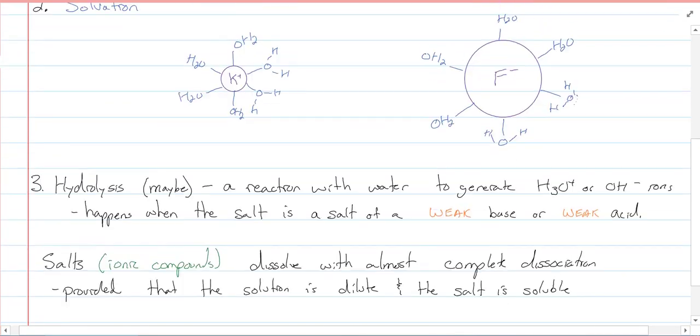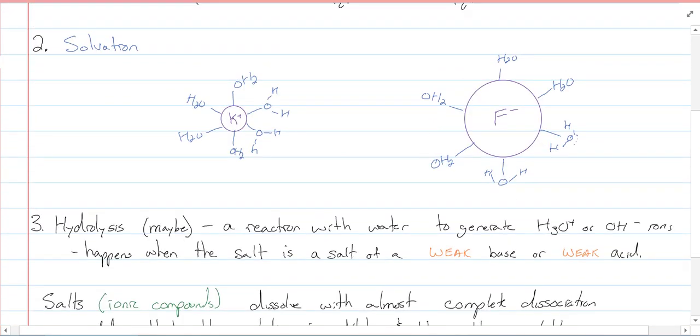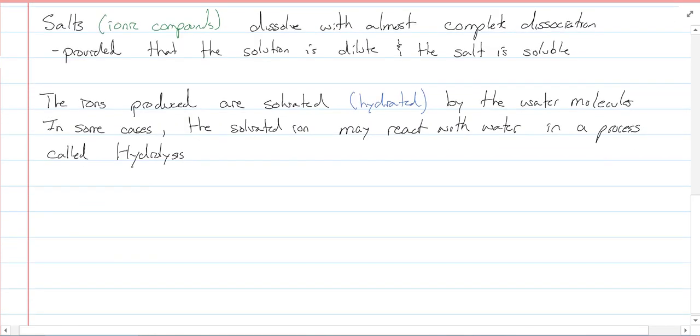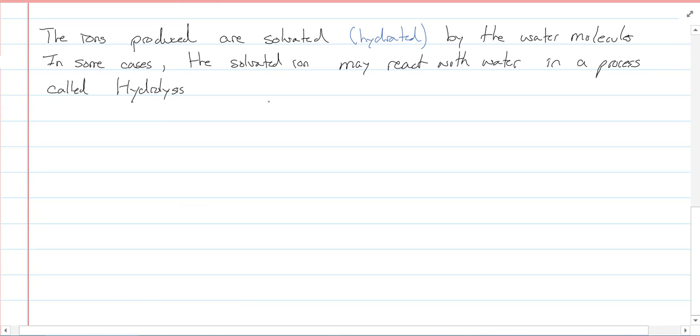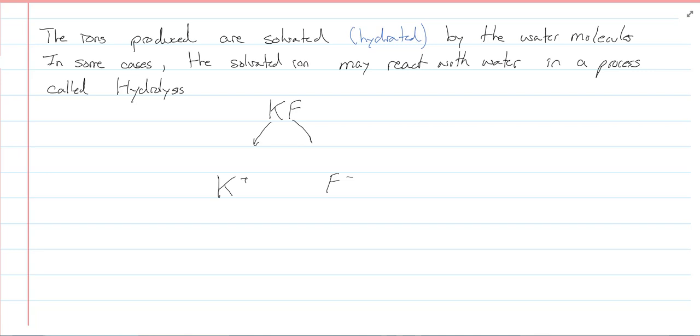Now, I have my example up here. I have potassium and fluoride. We look at potassium and fluoride, KF, break them apart, K plus, F minus. Well, potassium, is that a proton donor, proton acceptor? Does it produce hydroxide? What base would it come from?